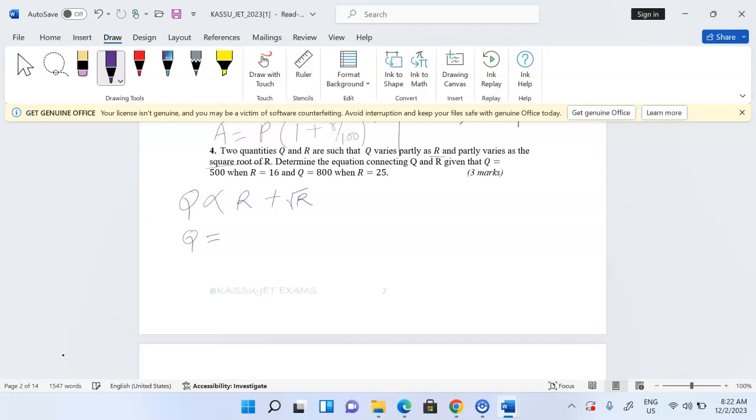I introduce two constants, such that one is K times R and another is C times the square root of R.